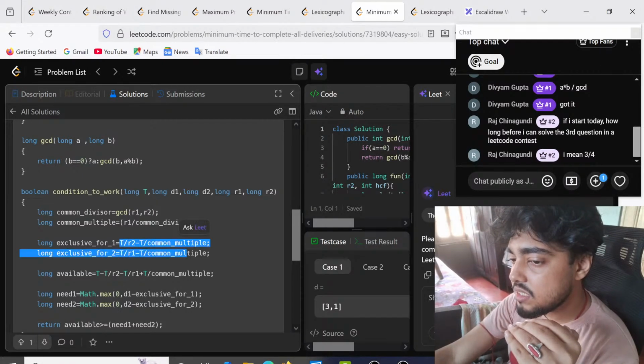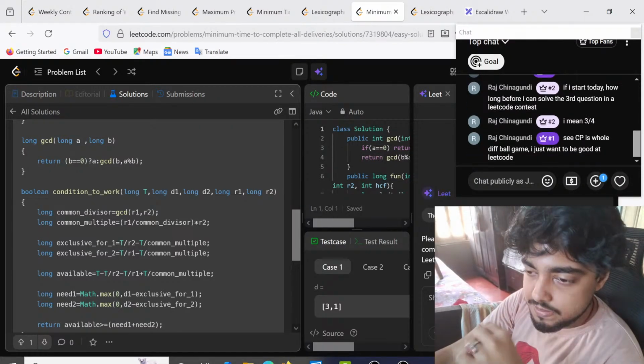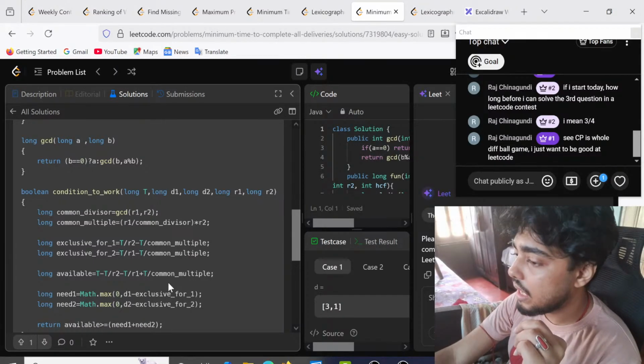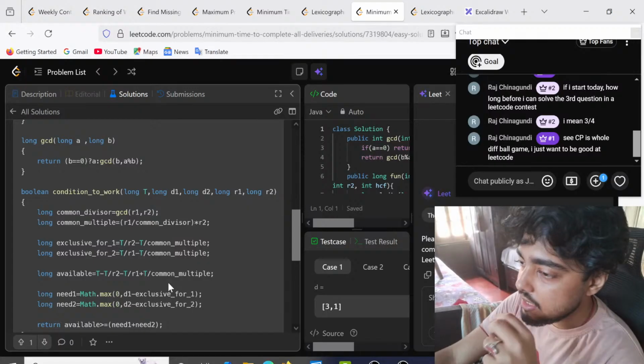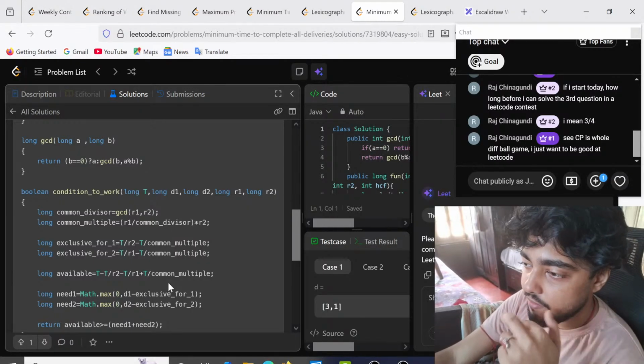Because these things are very complex for me to write. The formulas basically. CP is a whole different ball game. I just want to be good at Leetcode. We want to be good at Leetcode, just practice Leetcode, follow some sheets, more than enough.